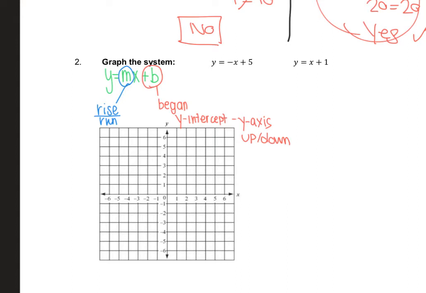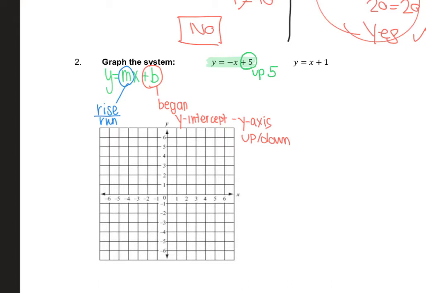So if we look at this first graph, I'm going to do it all in green. Okay. This means I'm going up 5.